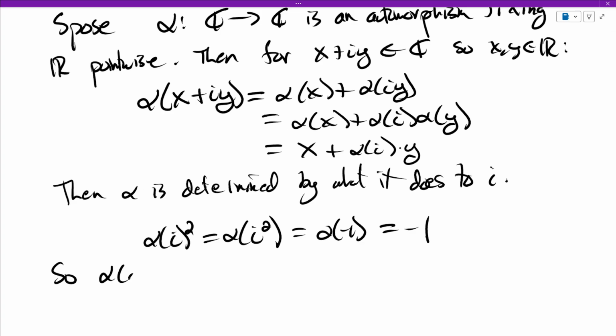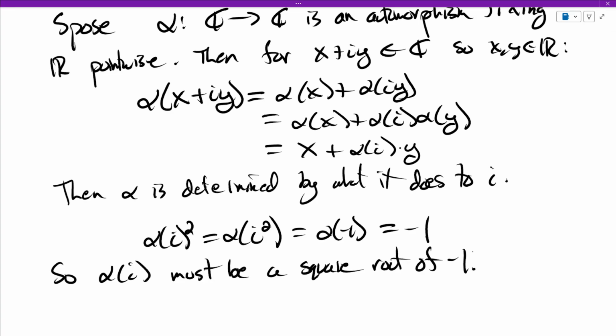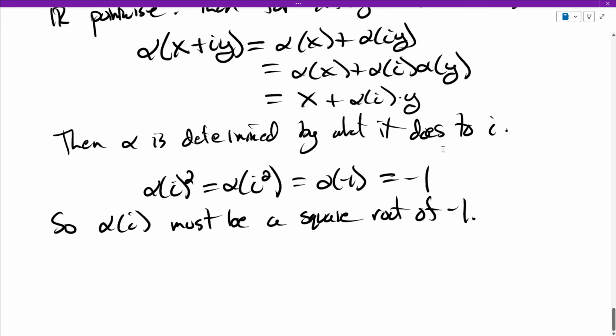So alpha of i must be a square root of -1. Why? Because when I square it, I get -1, according to this work. So there are two possible choices: either alpha of i is i, or alpha of i is -i.